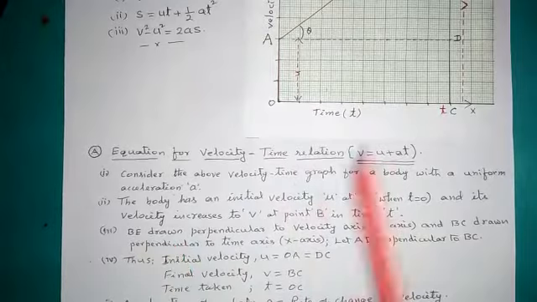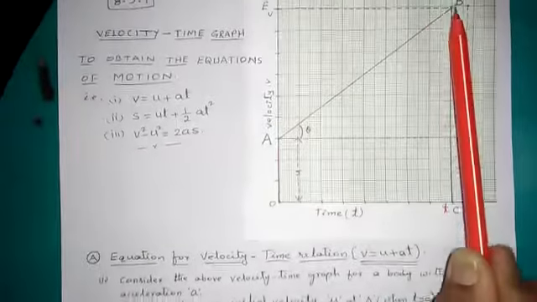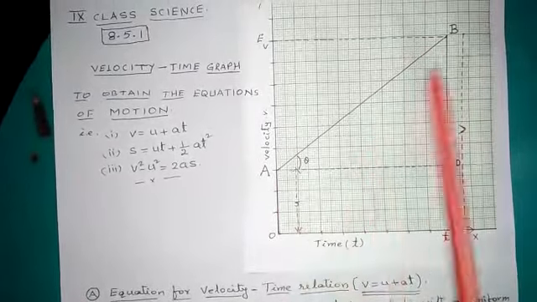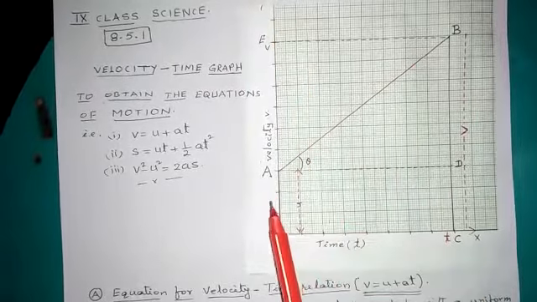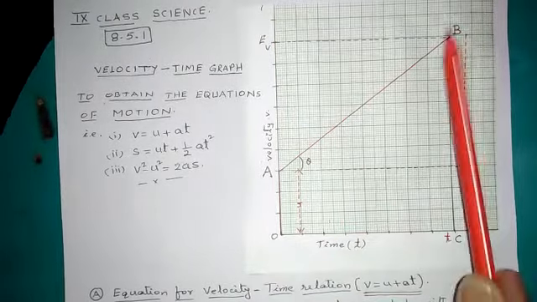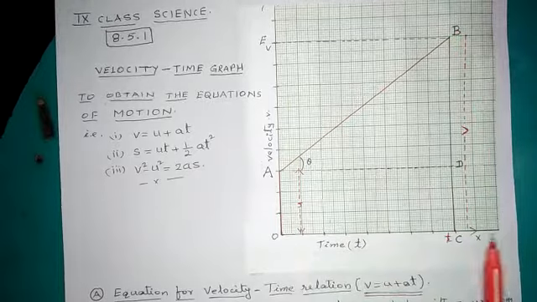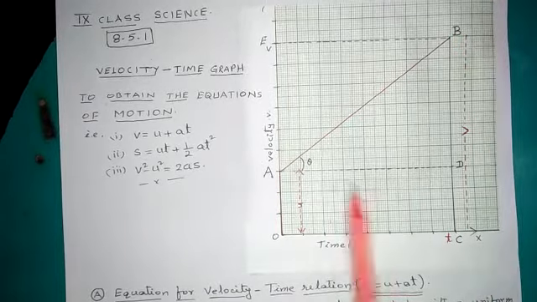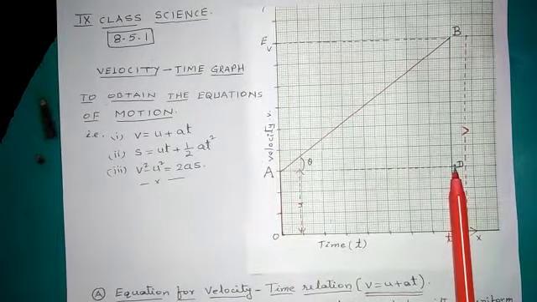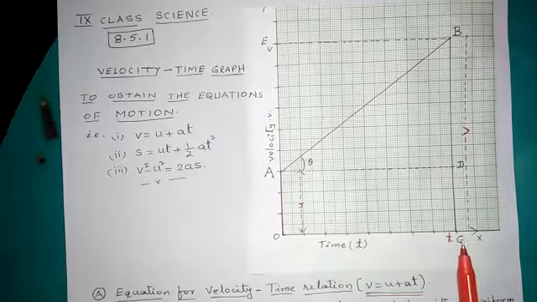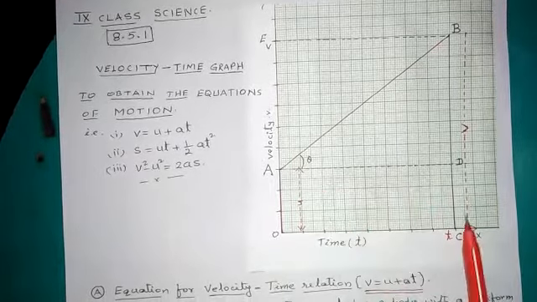Now, BE is drawn perpendicular to the y-axis and BC is drawn perpendicular to the x-axis, and AD is drawn perpendicular to BC. These three lines we are using.